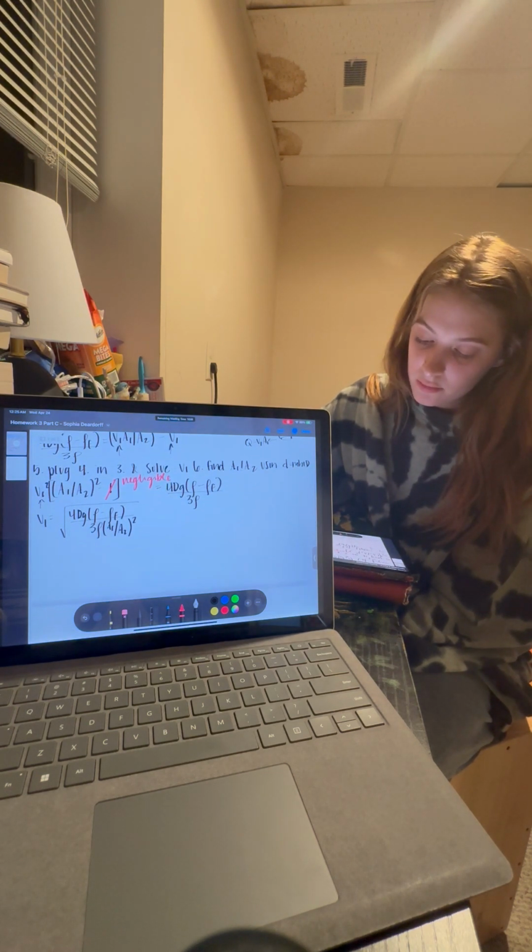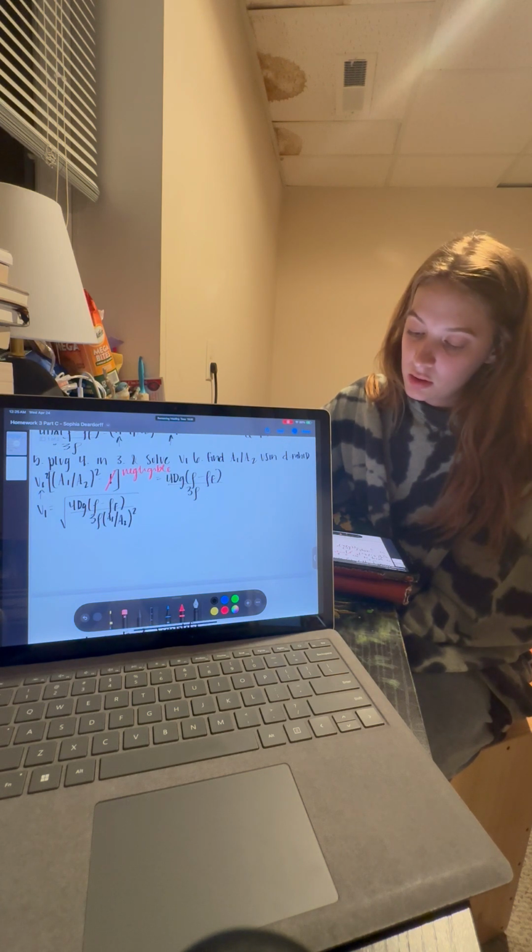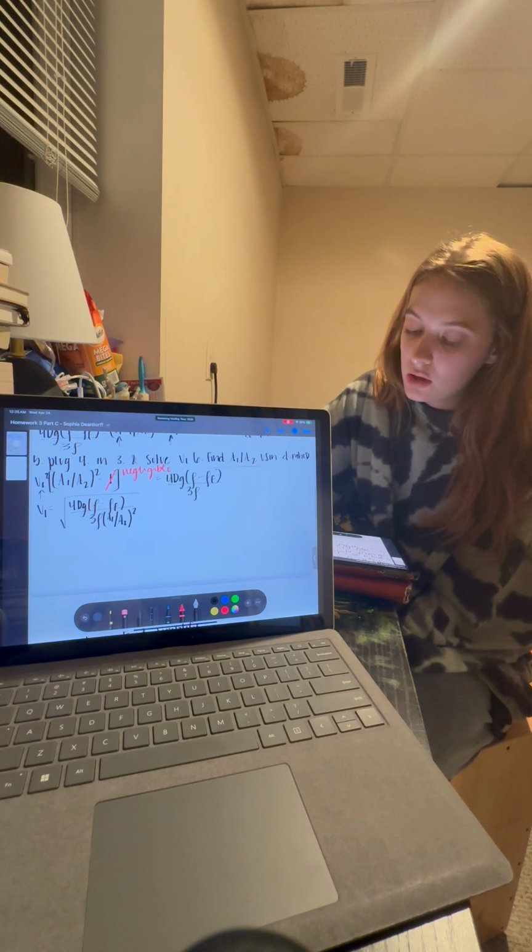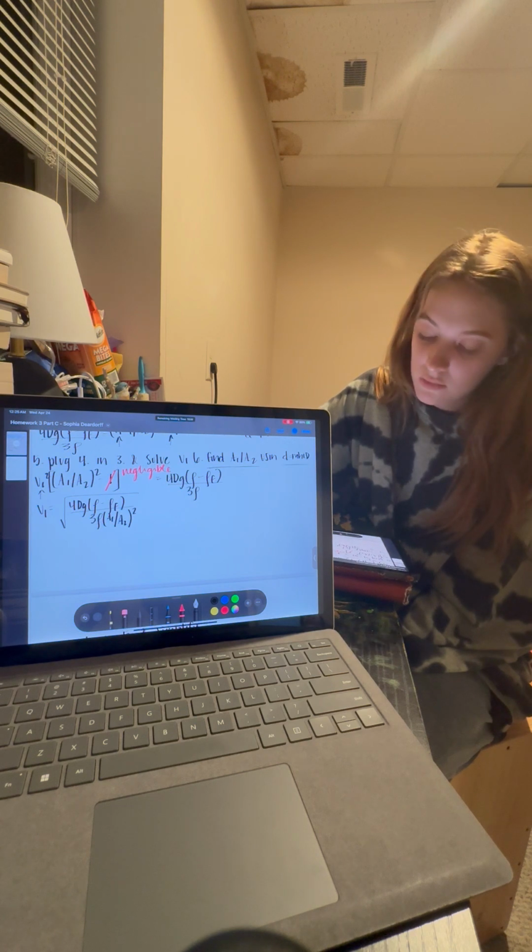Our next step is to find A1 over A2 using this.